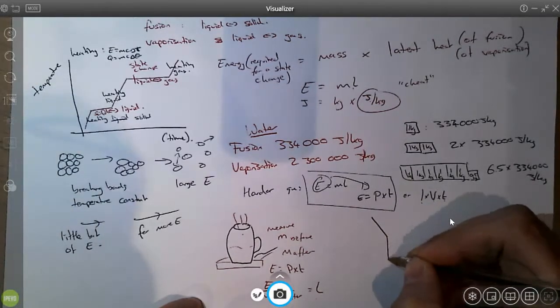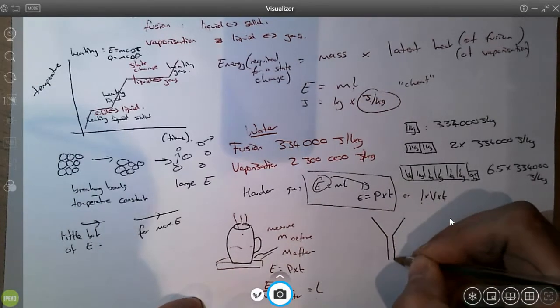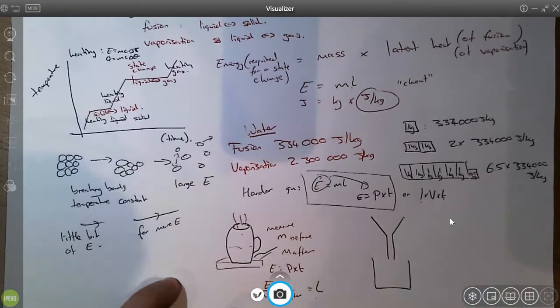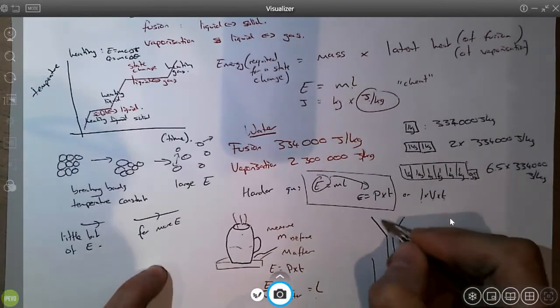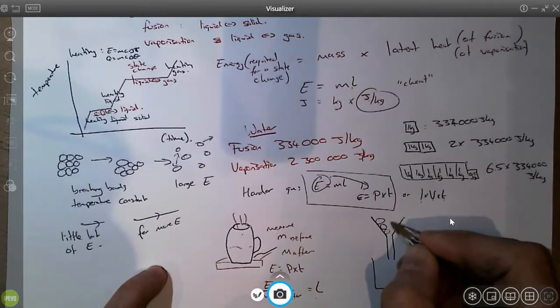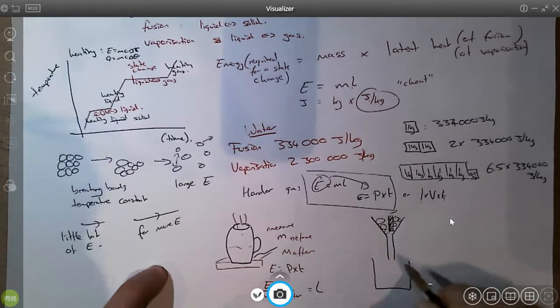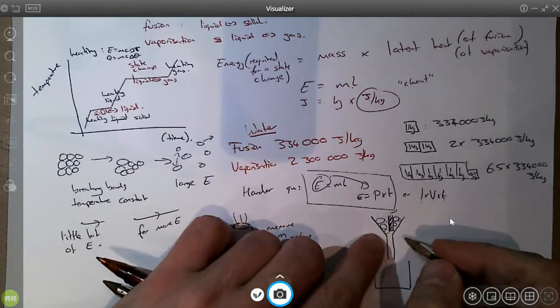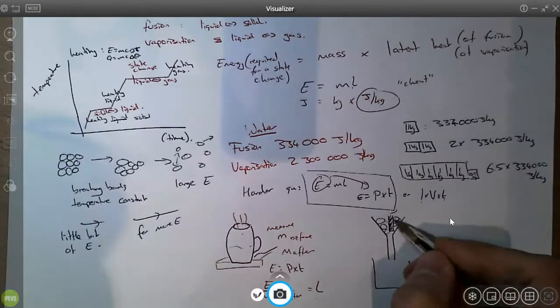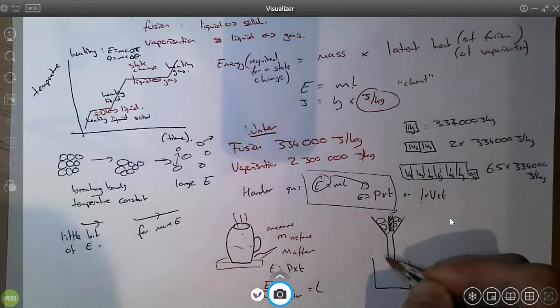The second one that is worth doing is you can get yourself a glass funnel and an empty beaker, and you can put some ice in it, and you can get yourself a heater, and then you can put the heater on. You can melt some water.